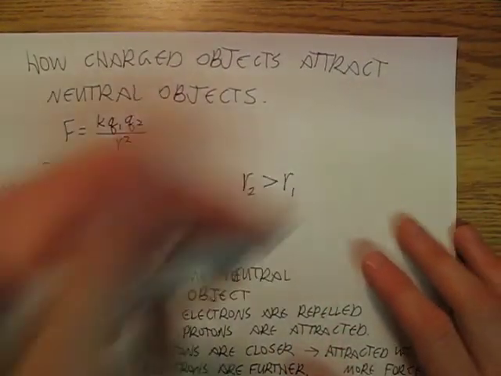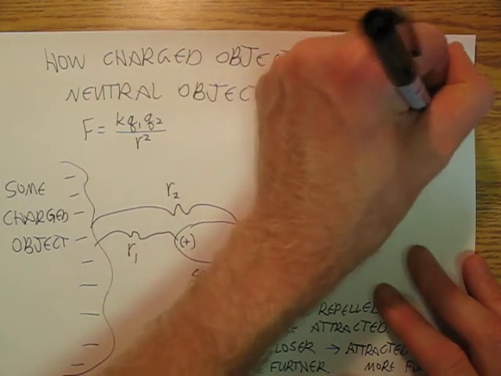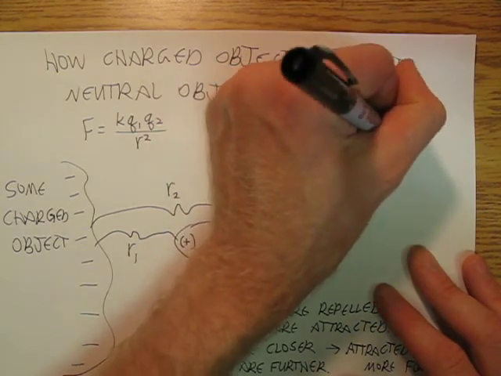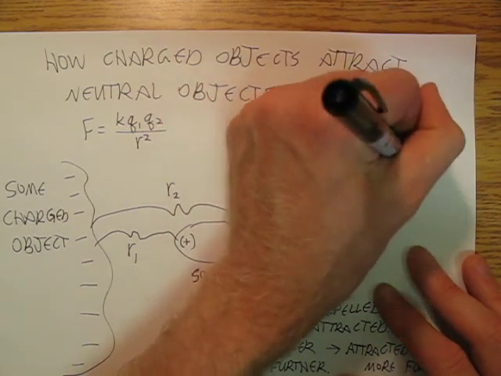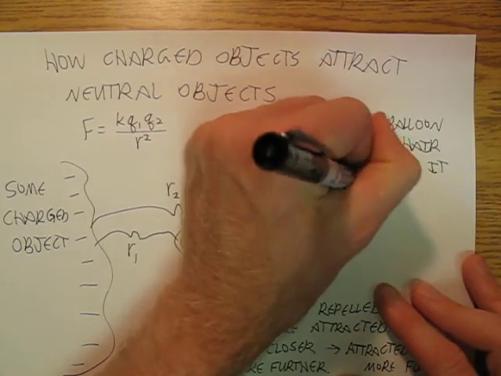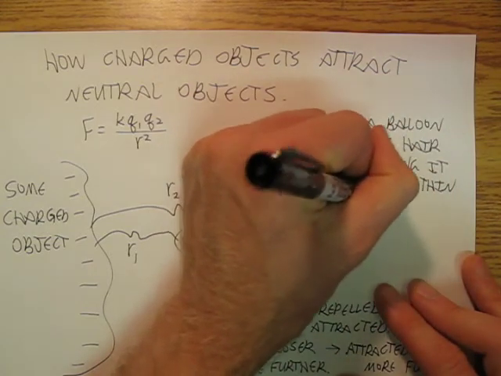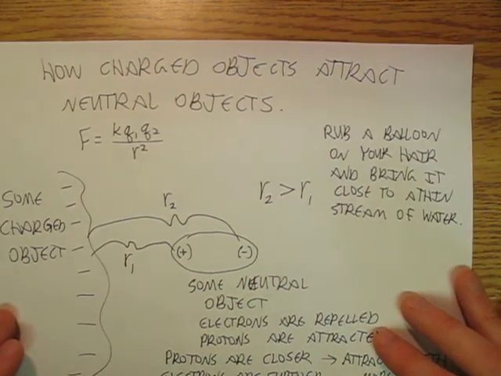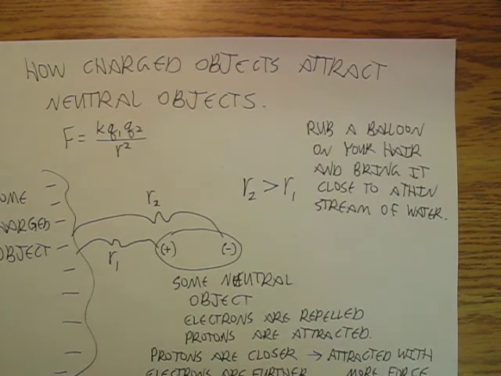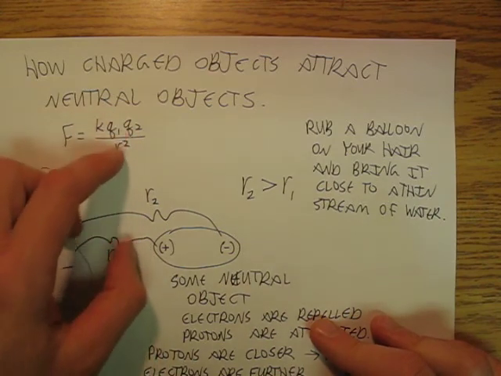So what I want you to do as a lab that anybody in the world can do is basically turn on the faucet so it's just dribbling the thinnest stream, not individual drops, but just the thinnest stream of water.